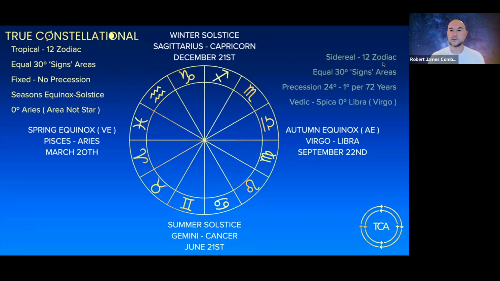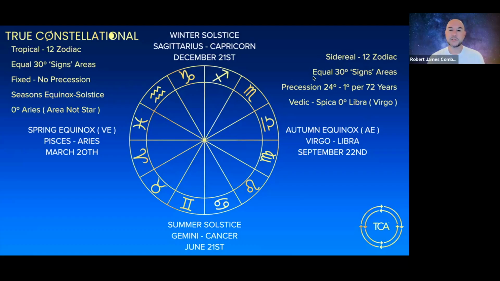So let's look at the other system on the right-hand side. A system called sidereal. Now, this is 12 zodiac signs, as tropical is. This is also equal 30 degrees. So this is the same idea that the sign is the area, the 30 degrees area.